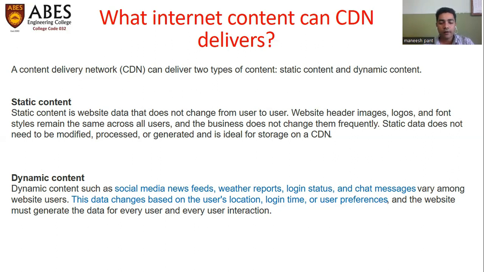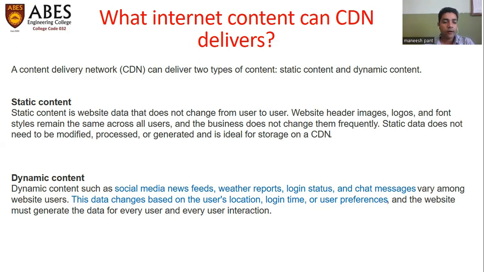Now in terms of dynamic content, the CDN does not perform as it does for static, because dynamic content changes frequently. The social media site, the Sensex data, the weather data, it is going to change very frequently. So we cannot cache it as easily as we can cache static data.